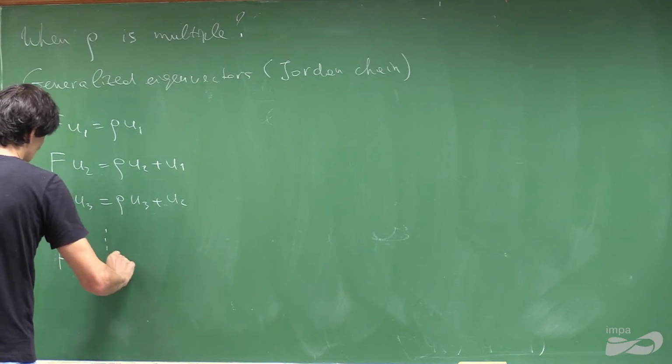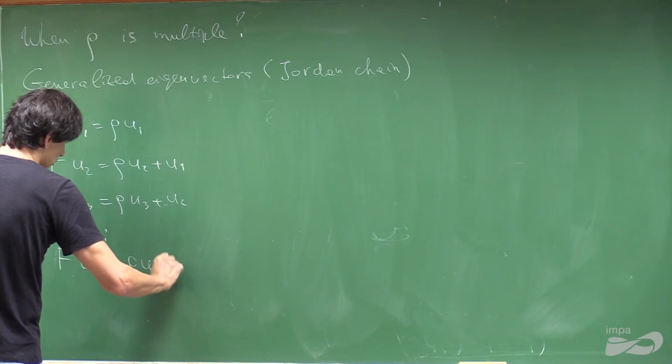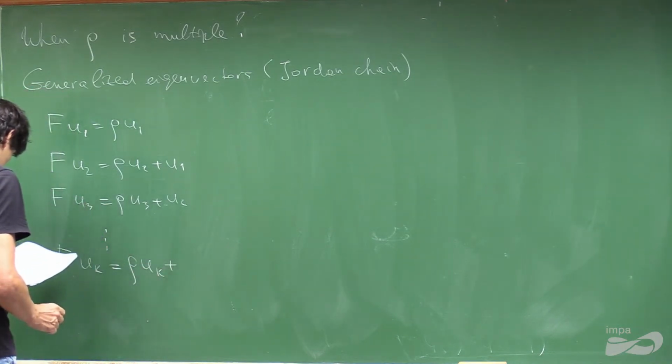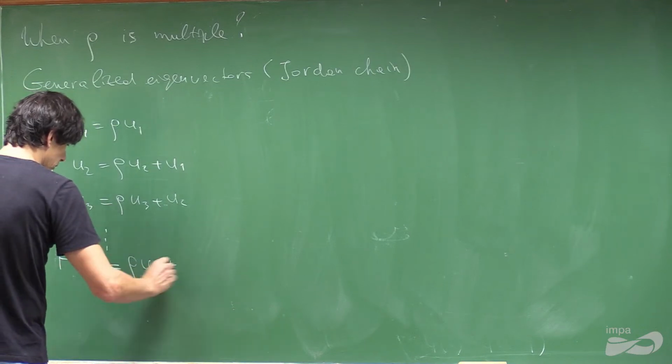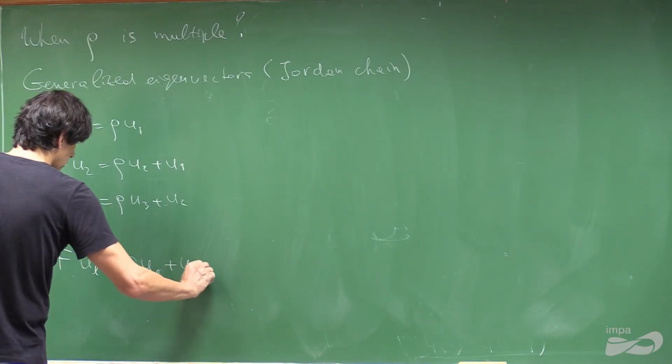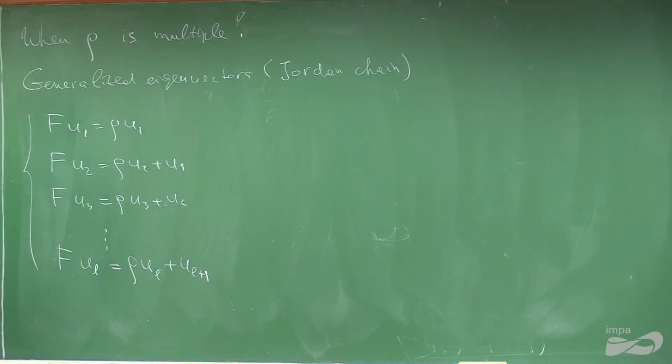And there are, in principle, some number of them, let's put L, since I use k for other reasons. So there is a chain of vectors. Whenever you have this chain, you can check that if u1 is non-zero, then automatically all others are also non-zero.